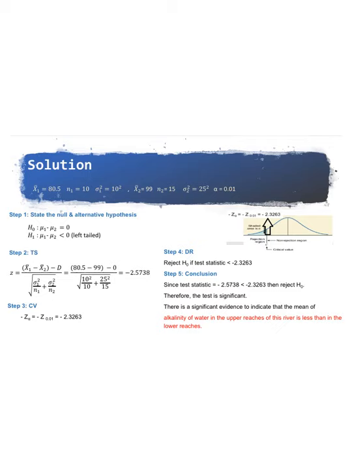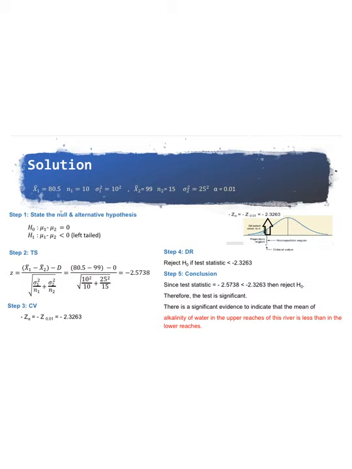Okay, don't forget to put negative. And then the decision rule, we will reject H0 if test statistic is less than negative 2.3263. Okay, so kalau tengok dekat figure ni, dia dah lukiskan dah rejection region dia, betul tak?